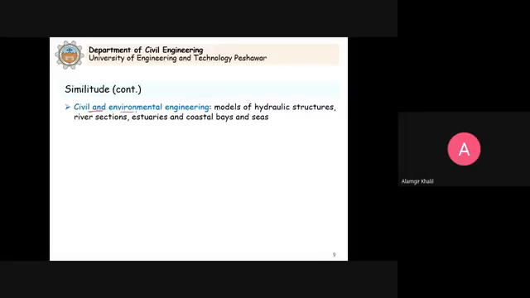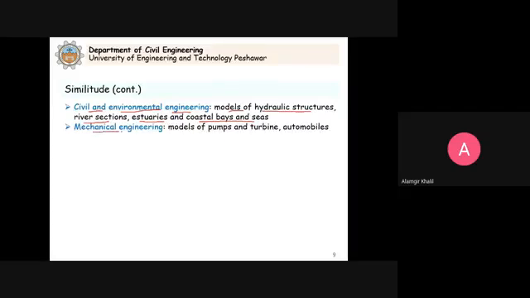Civil and environmental engineering: models of hydraulic structures, river sections, estuaries. Estuary means where the river joins the ocean or sea. We have the coastal bays and seas. These are some of the applications in civil and environmental engineering.